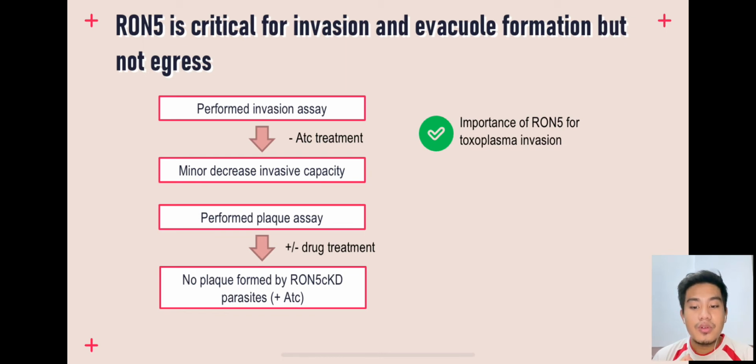Depletion of RON5 causes a significant block in invasion, demonstrating that RON5 is required for this process. The low level of invasion seen after ATC treatment could be due to the remaining RON5 level in some parasites, or it could imply that parasites lacking RON5 can invade, but only at extremely low levels.